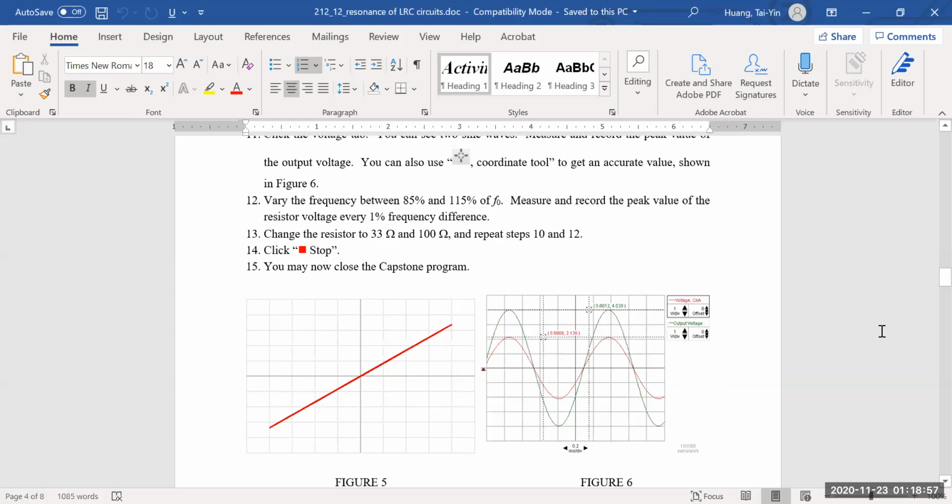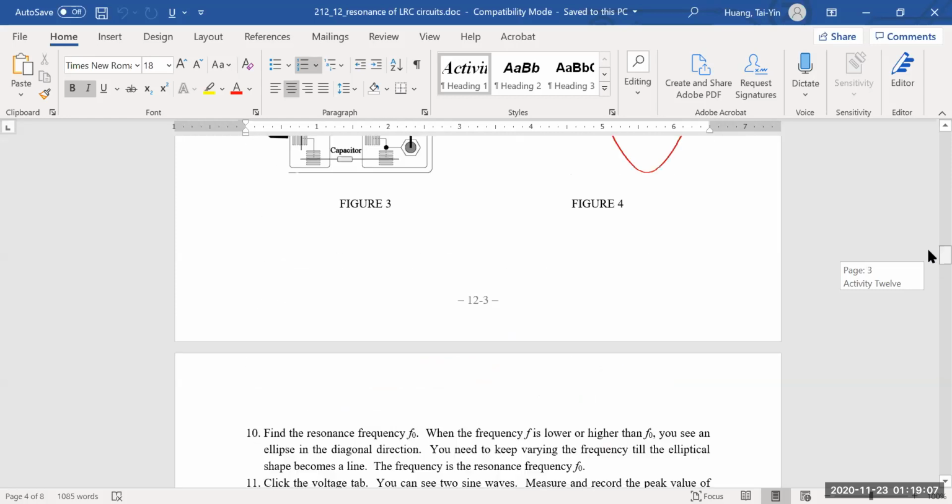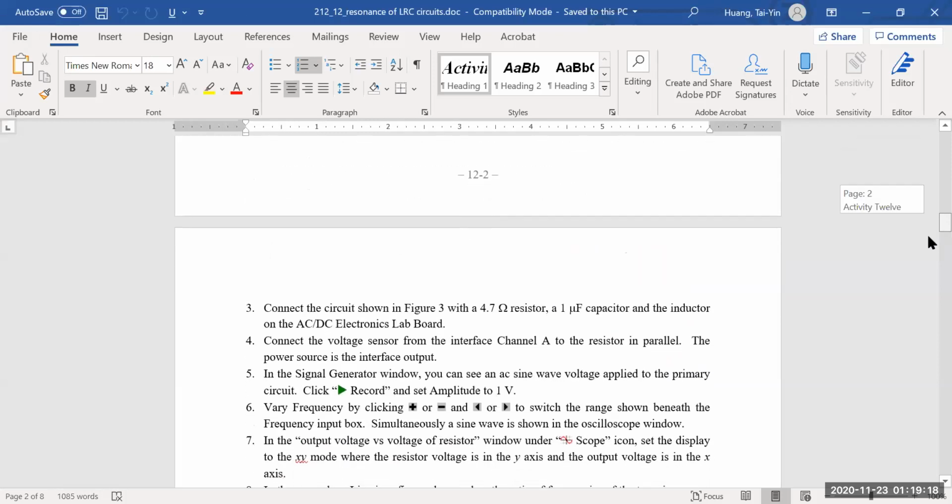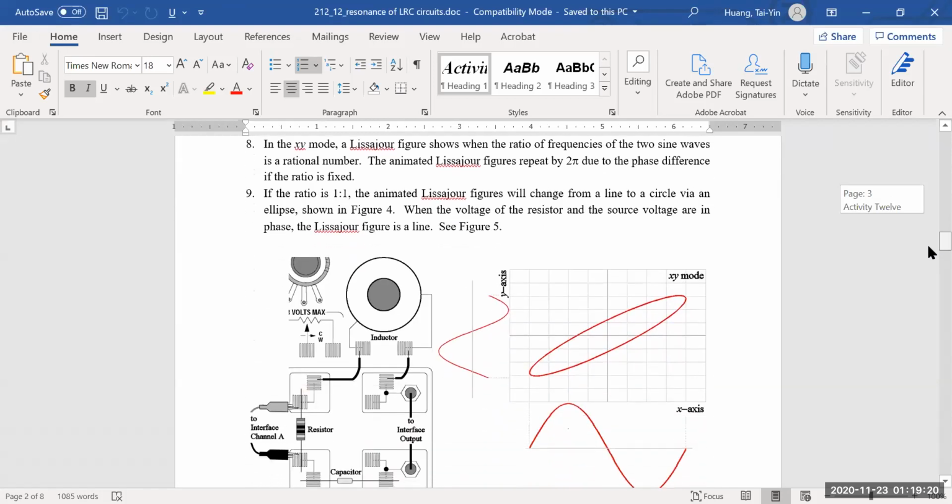Once you have the RMS square value, we want to use the RMS square voltage to calculate the average power. And once you calculate the average power, you want to reproduce the plot like this, the average power as a function of the ratio omega naught over omega. Okay, so that's pretty much what you want to do.